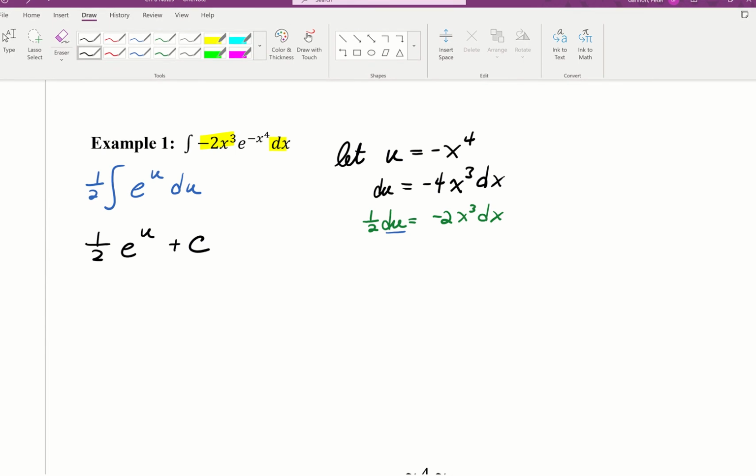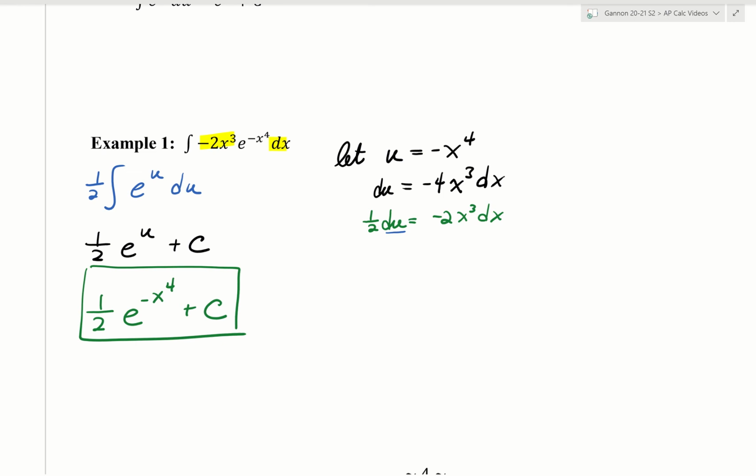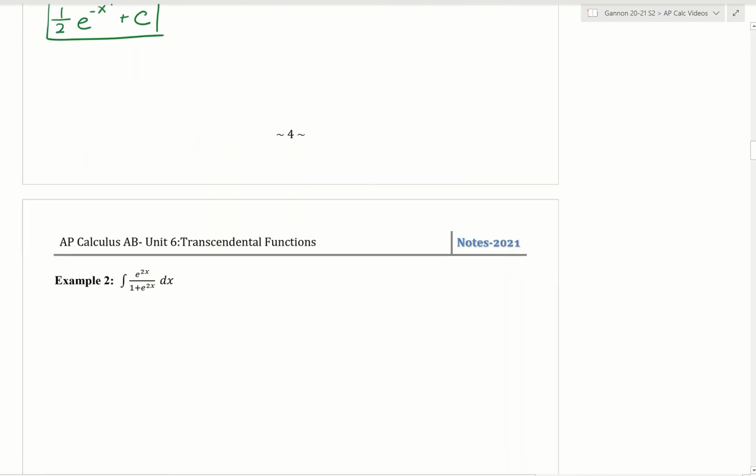Because this is an indefinite integral, we should plug back into the original variable, giving us 1/2 e to the negative x to the fourth plus c. And that's how we can integrate using an exponential with base e. All right, let's take a look at the next example.